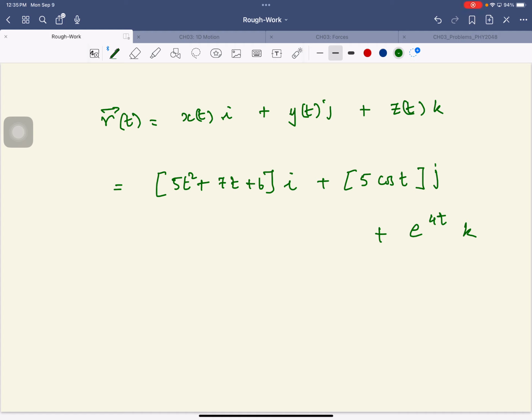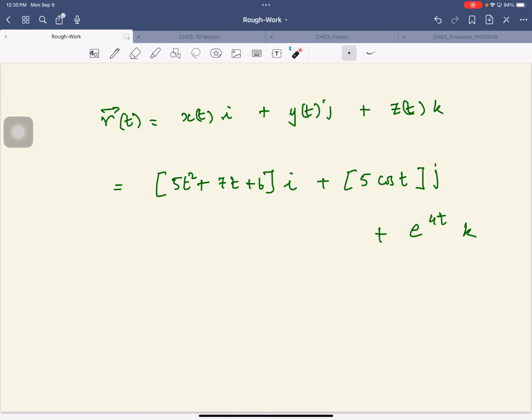I just made up a motion. All right, so this is the x position as a function of time. Here's the y position as a function of time, and there's the z position as a function of time. So it's traveling upwards.